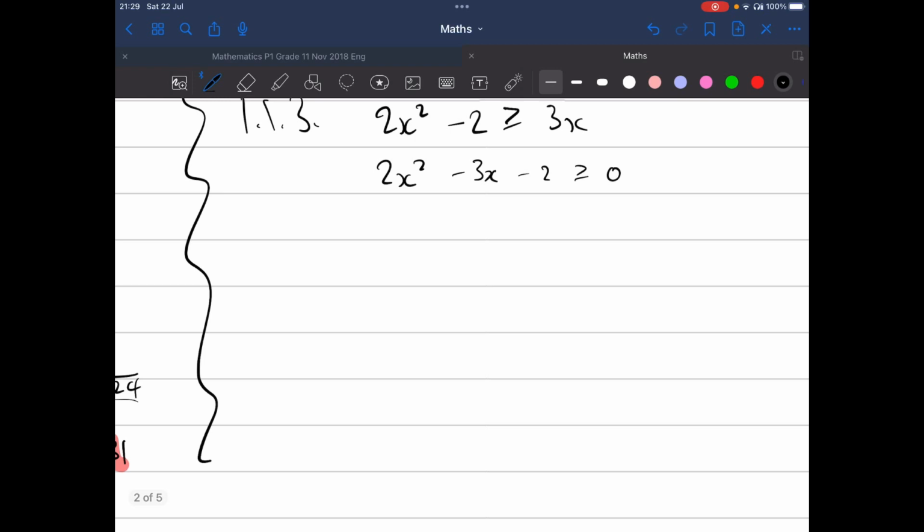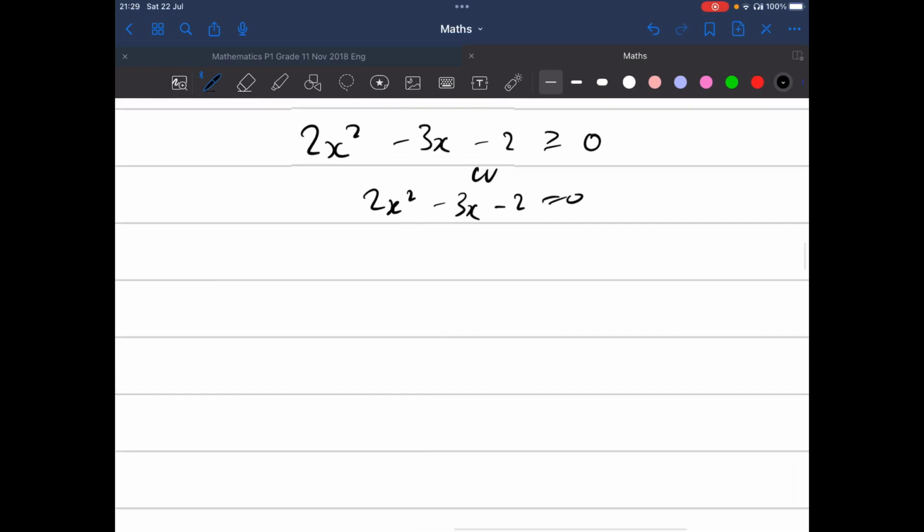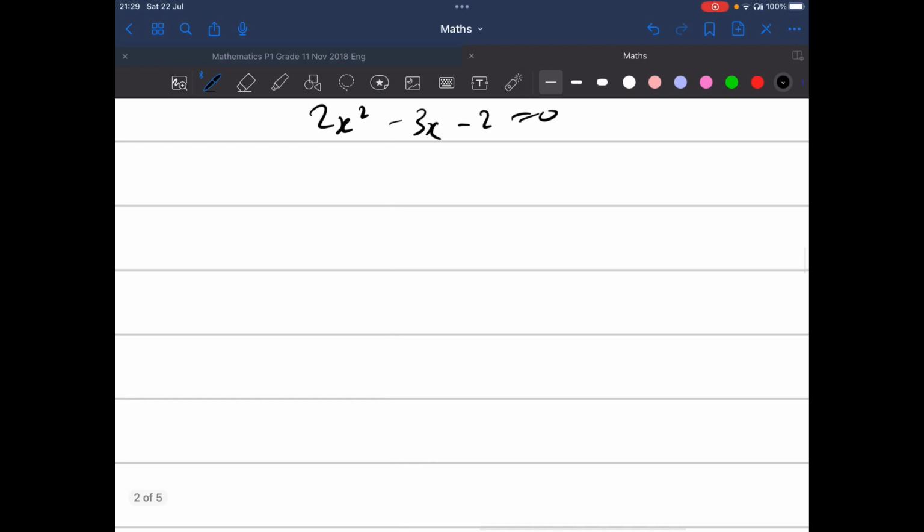Okay, now the first thing here that you have to do is find what's called the critical values. So you first have to find when this expression is equal to 0. So we'll say 2x squared minus 3x minus 2 equals 0. And now you can either use the quadratic formula, or you can just find common factors and do that.